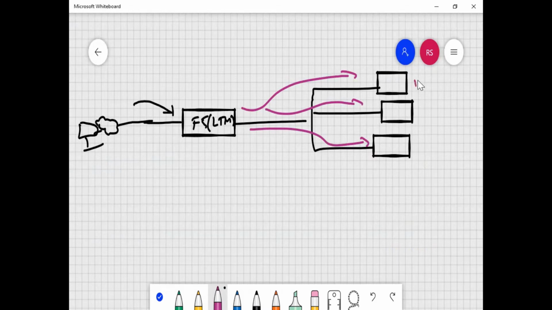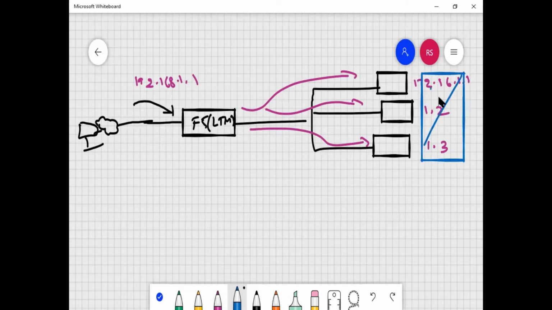It can have any IP, maybe in the 172 range, or 1.1, 1.2, 1.3, or 192.168.1.1, a bit like that. Same concept. Here, in any case, all of these particular servers can have the same IP.